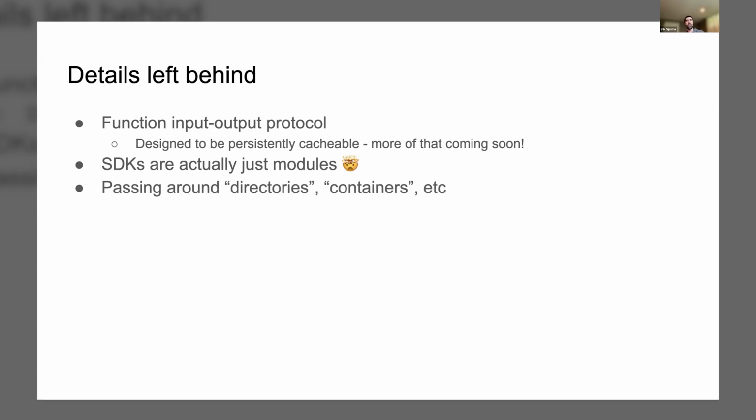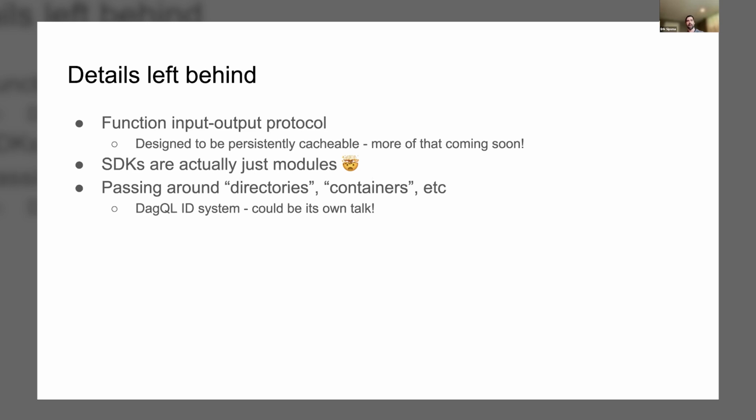Yeah, and I definitely glossed over the fact that we are passing around directories, containers, secrets. You pass those as argument inputs and outputs. That could really be a whole talk of its own, but the idea is there's this whole DagQL ID system where you don't have to pass around literally an entire directory if you're invoking one module with a directory that has 10 gigabytes of data.